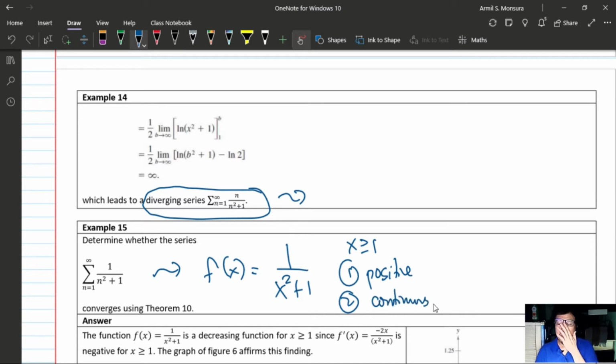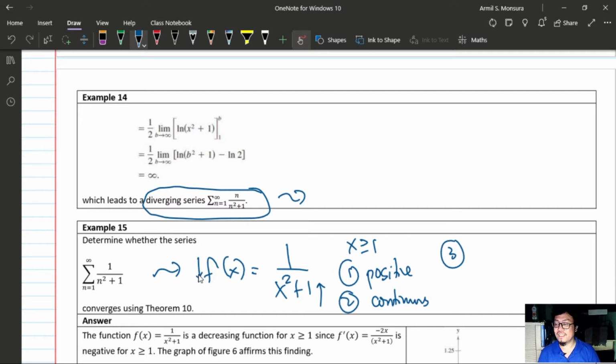Now, number 3, is this decreasing? Since the numerator is a constant, the denominator is something that is changing. And as you can see, as you increase x, the denominator is also increasing. So if the denominator is increasing, the tendency for f of x is to decrease. So as you increase x, f of x is decreasing.